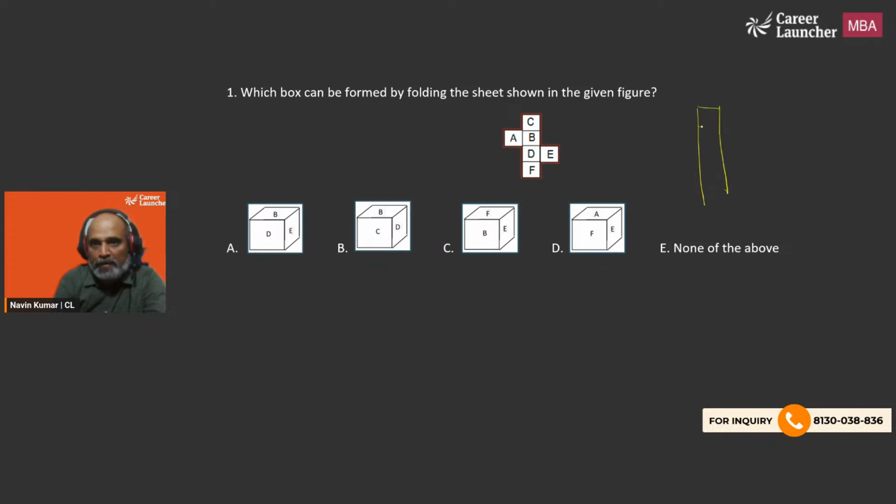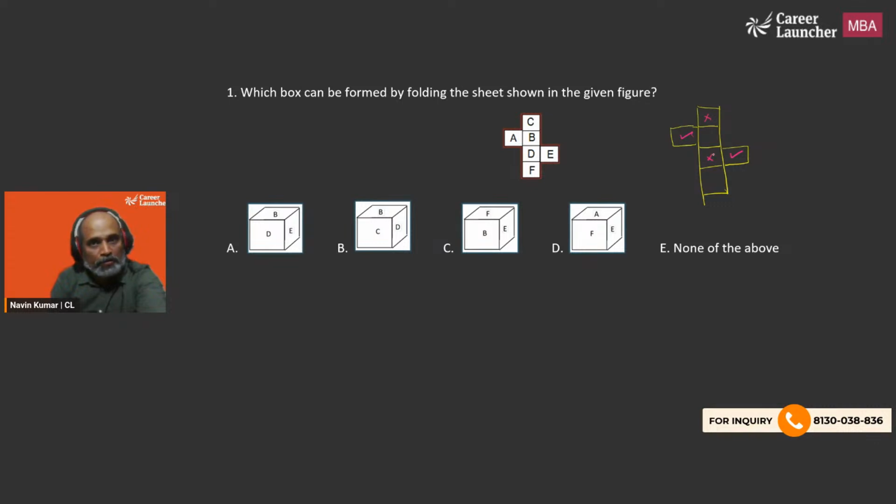So basically what happens is, whenever you have a shape like this, where you have got 4 squares as the backbone, and then one of the squares on the left hand side and another square on the right hand side, then these two are the opposite faces.